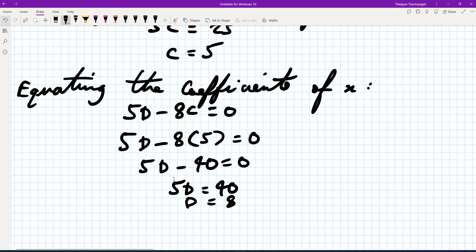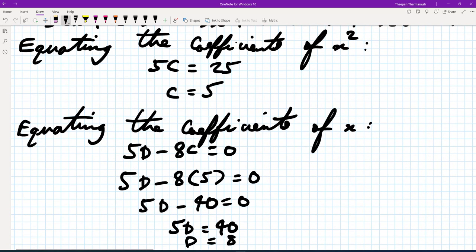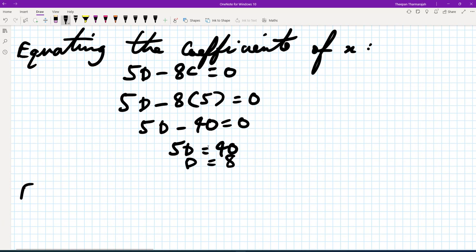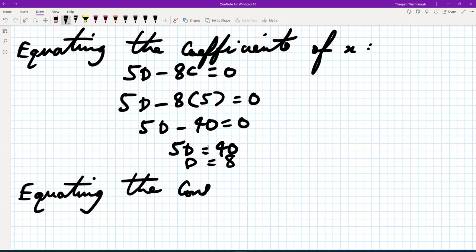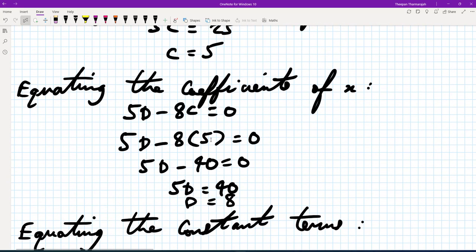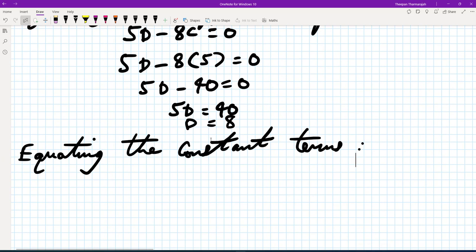And now we're going to equate the constant terms. So we have now that 2c minus 4d plus 5e.